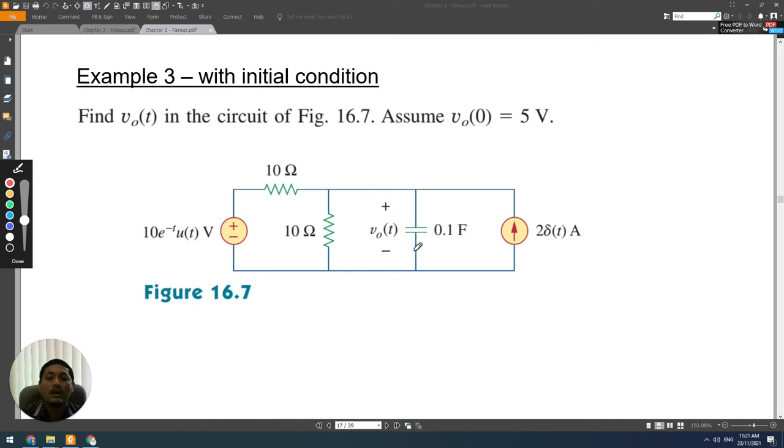And in this circuit we have initial conditions. The initial condition is 5 volts. It means that at t equals 0, initially the capacitor has 5 volts stored in charge, right? So we have to determine the V out of the capacitor.